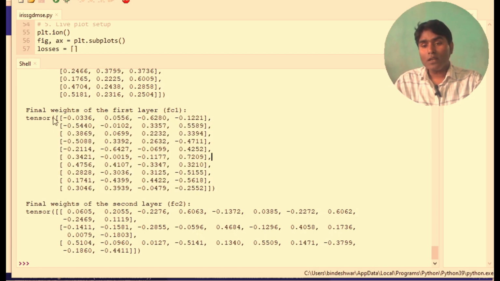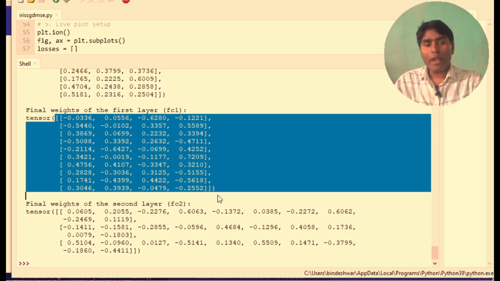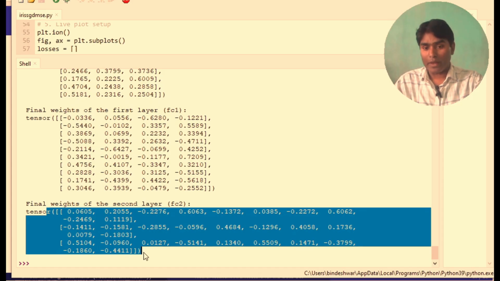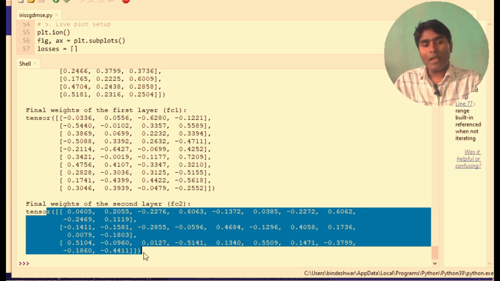That means 10 hidden units and 4 input units. And this one is 3 cross 10. That means 3 output units and the hidden layer. That means you take rows from the output side.